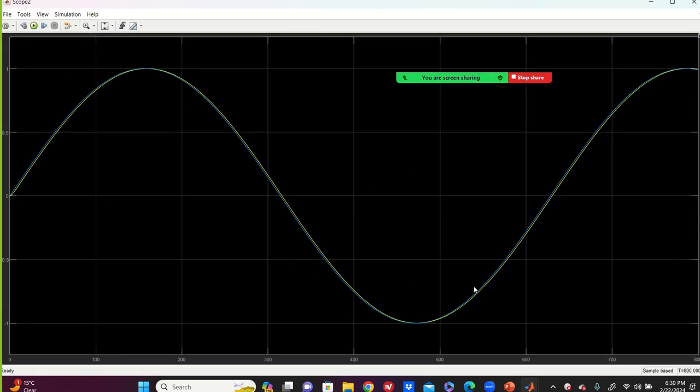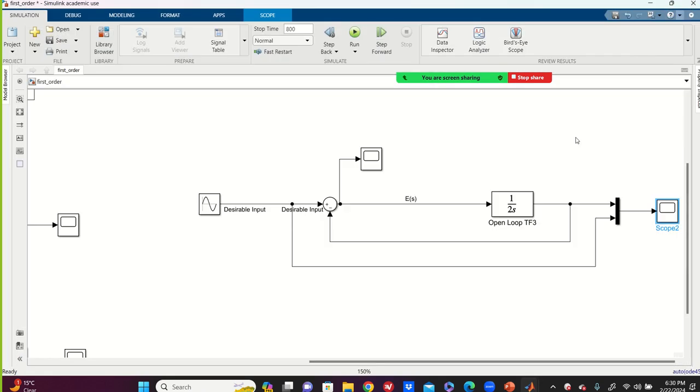Output exactly follows the input. So for high frequency, you saw that there is a huge gap, gain margin. We have to fix that by designing a controller toward the end of the semester. Also, they have the phase margin. Their phase for high frequency, they are not the same. You have to fix it by putting a controller here. That's the story of the Bode plot.